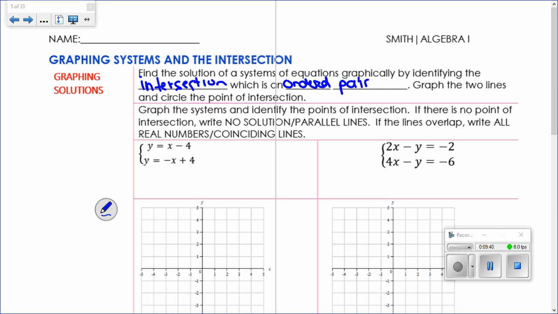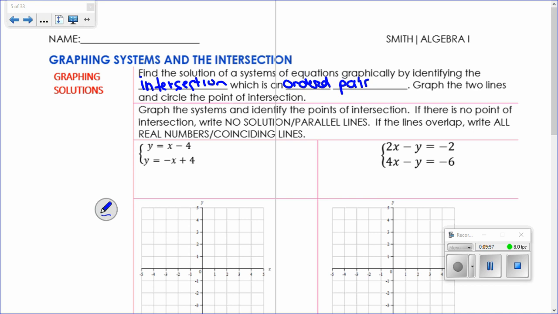So graph the two lines and circle the point of the intersection. It says graph the systems and identify the points of the intersection. If there is no point of intersection, write no solution. Parallel lines. If the lines overlap, write all real numbers, coinciding lines.